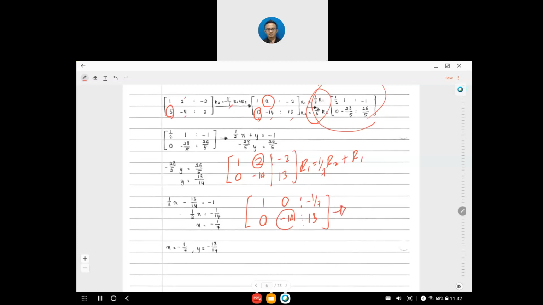So row 2 equal to negative 1/14 row 2. Okay, so you can get 1, 0, negative 1/7, 0, 1, negative 13/7, and negative 13/14. Okay, so your answer is x equal to negative 1/7 and then y equal to negative 13/14. Okay, correct? Dapat tak?